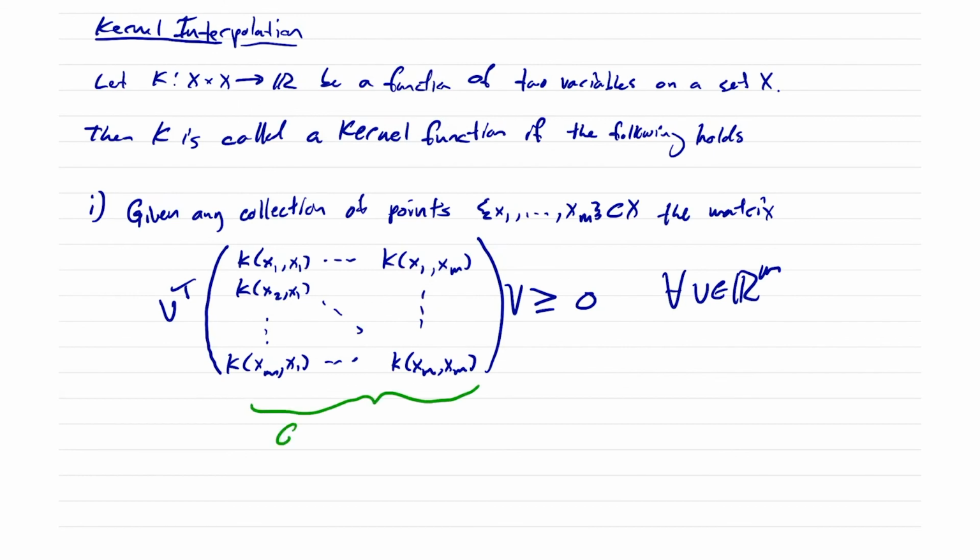There's a lot of reasons why it's called a Gram matrix. Basically this means that it is invertible. Sometimes they allow this to be positive semi-definite, but if we stick to strictly positive definite, then we're going to be a little better here.